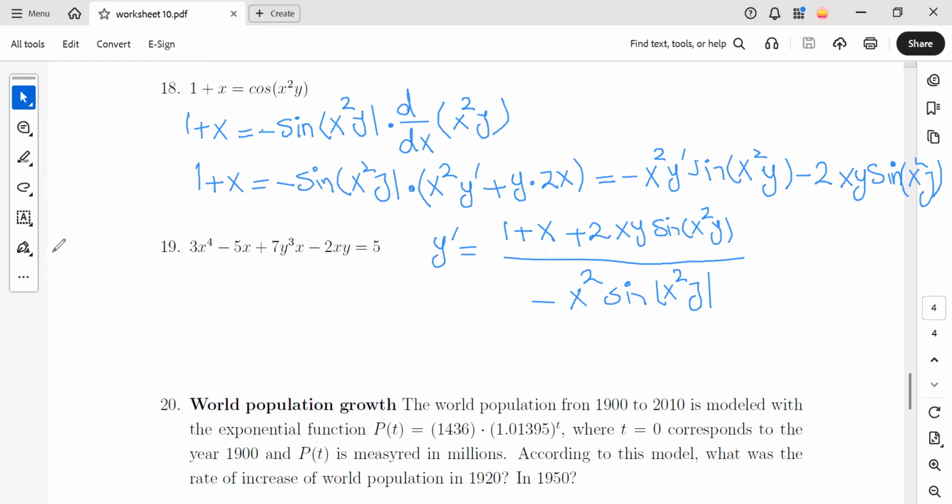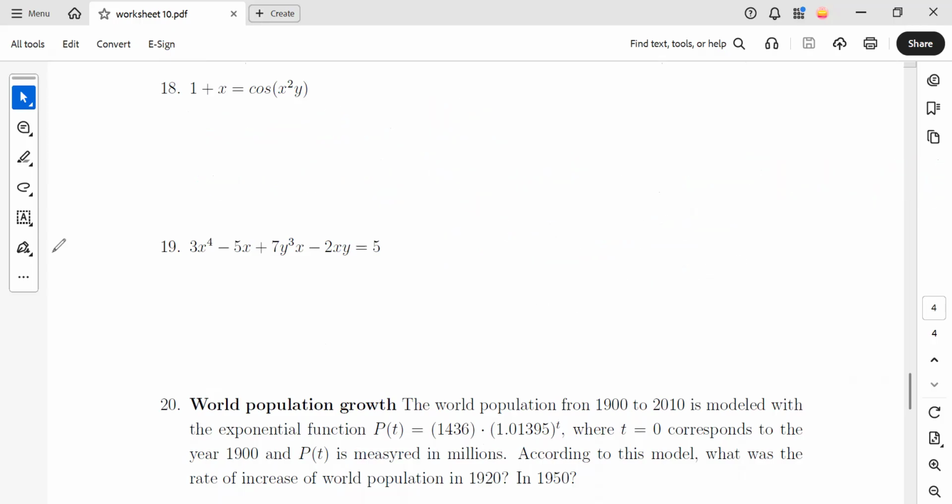So let me erase the board. This one, when you want to find the derivative, when you have x, you do it as usual. So it will be 12x to the power 3 minus 5.